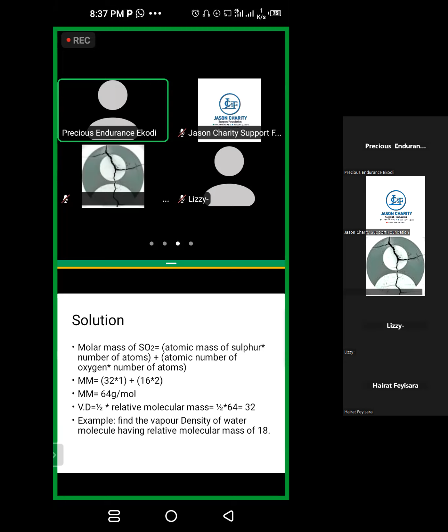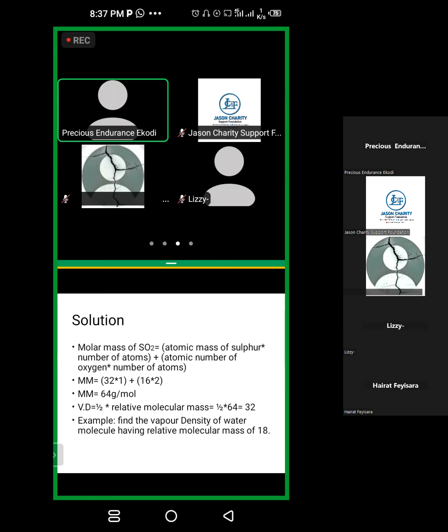That is the molar mass for SO2. Now, finding the vapor density, remember, we just divide by 2. So we have Vd equals half times the relative molecular mass. That is half times 64, which gives us 32. So the vapor density for sulfur 4 oxide will be 32.